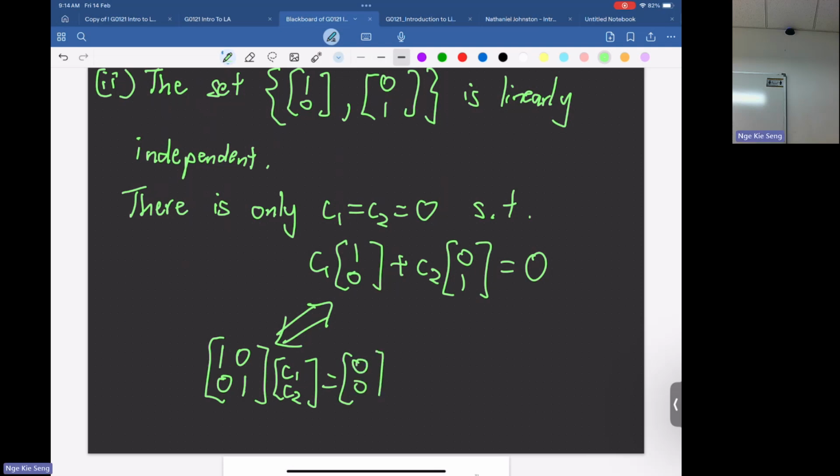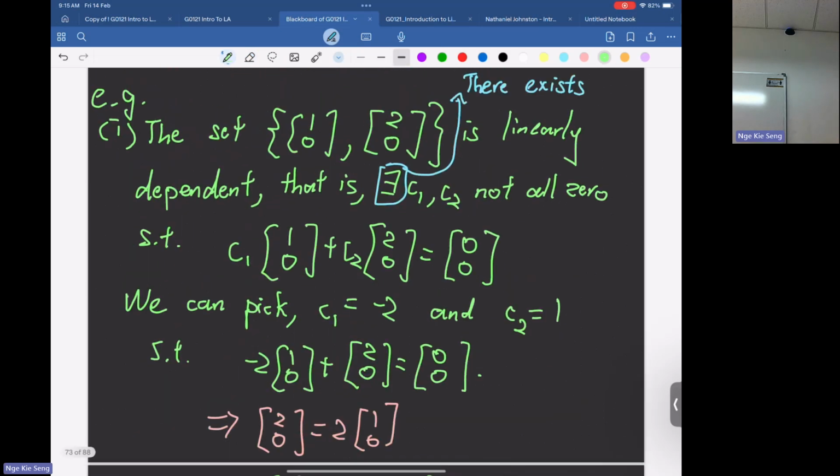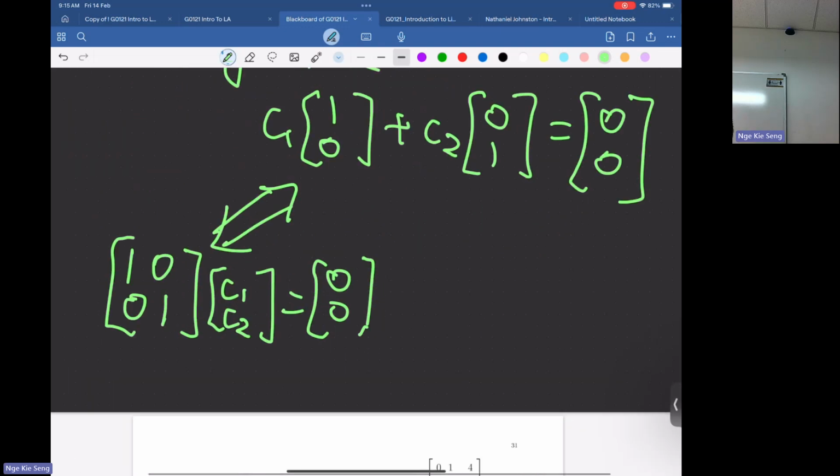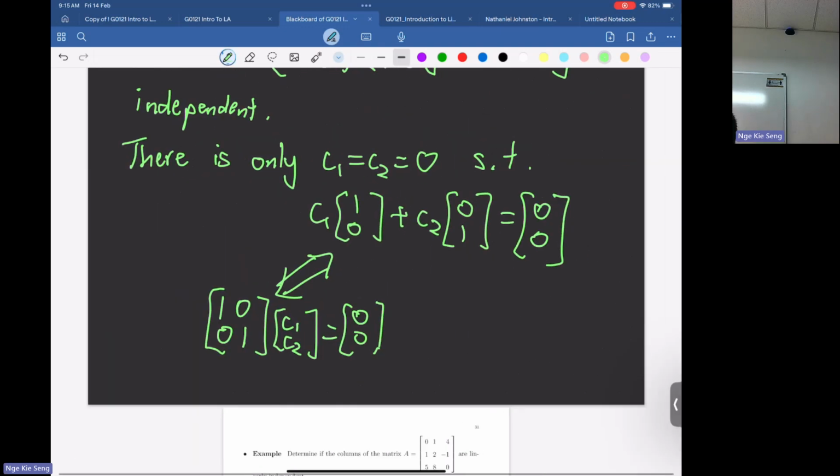So this is a matrix, and the 0 here is actually the zero vector, so I'd better write out the zero vector. So here is a matrix equation.